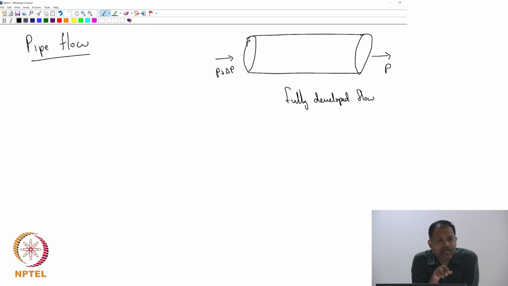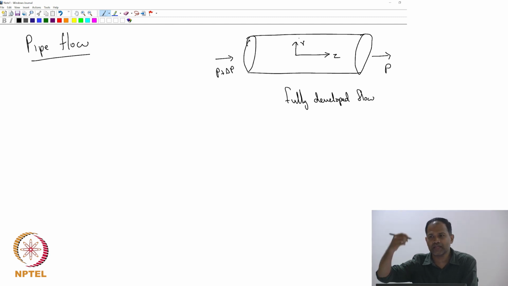I will answer the question as we go along. So, let us choose the cylindrical coordinate system. We will say that that's our z axis, that's our r, and then theta is going to be perpendicular to the plane and around the z axis.